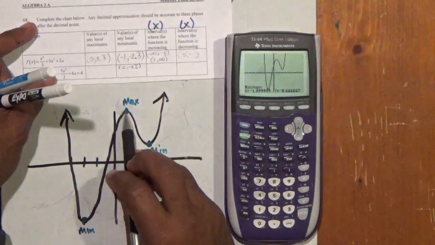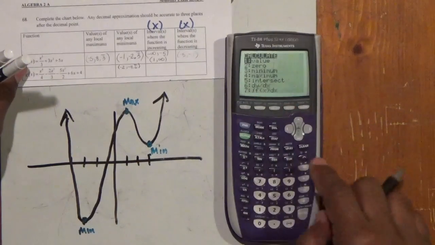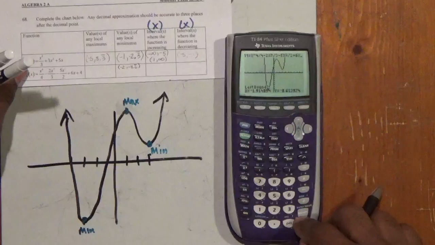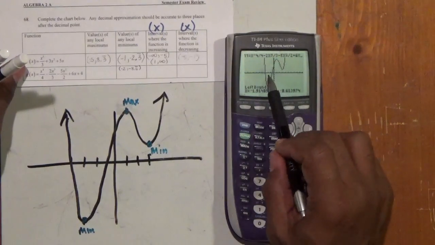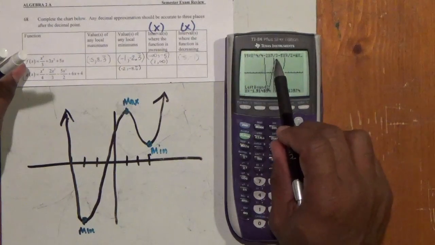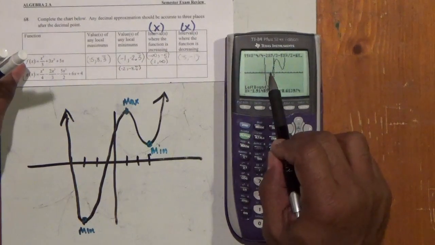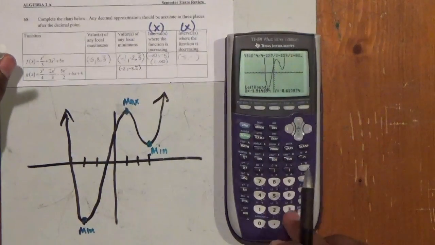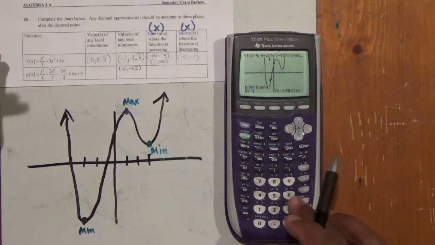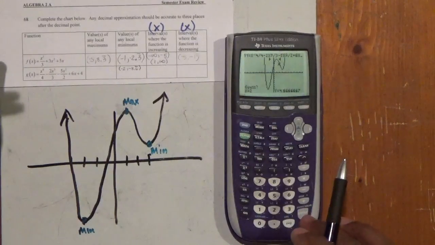We're going to find this max, second calc, max. The max looks like it's at 1, so I'm going to look for it between -1 and 2. There's no science to that.